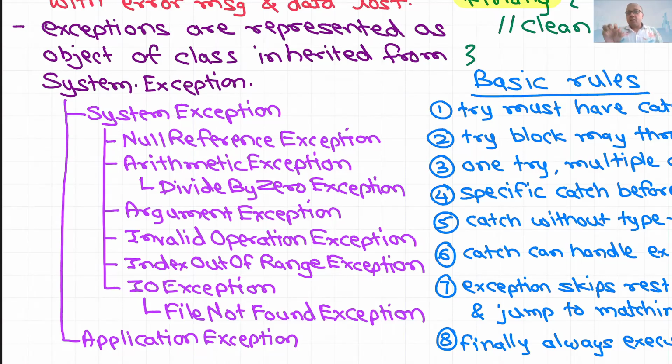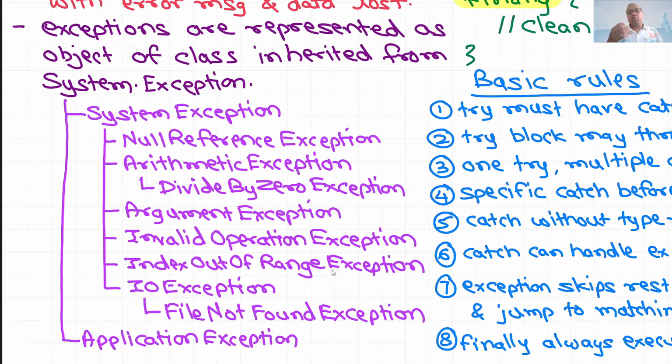As I said, the common exceptions that are known to us are like null reference exception, or, as I'll show you in the demo, we can have divide by zero exception. Note that it itself is inherited from ArithmeticException. In case of wrong arguments passed to some function, we can get an ArgumentException error, or if we are trying to access an array element with the wrong index, that will cause an IndexOutOfRangeException.